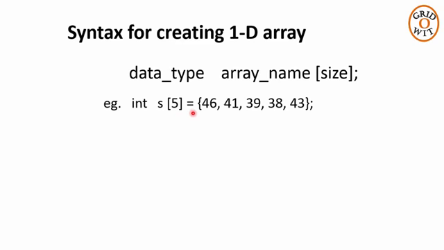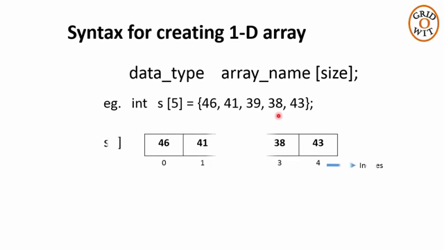Now to initialize the array while declaration, you can assign all the 5 values in the curly brackets. With this statement, an array of 5 elements will be created, and these 5 values will be stored in this array S.